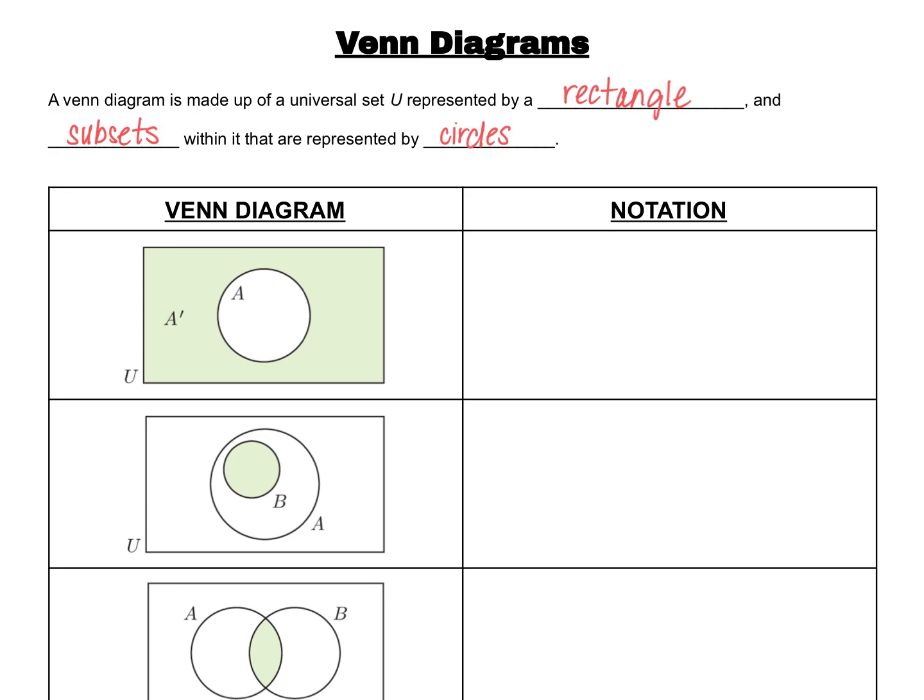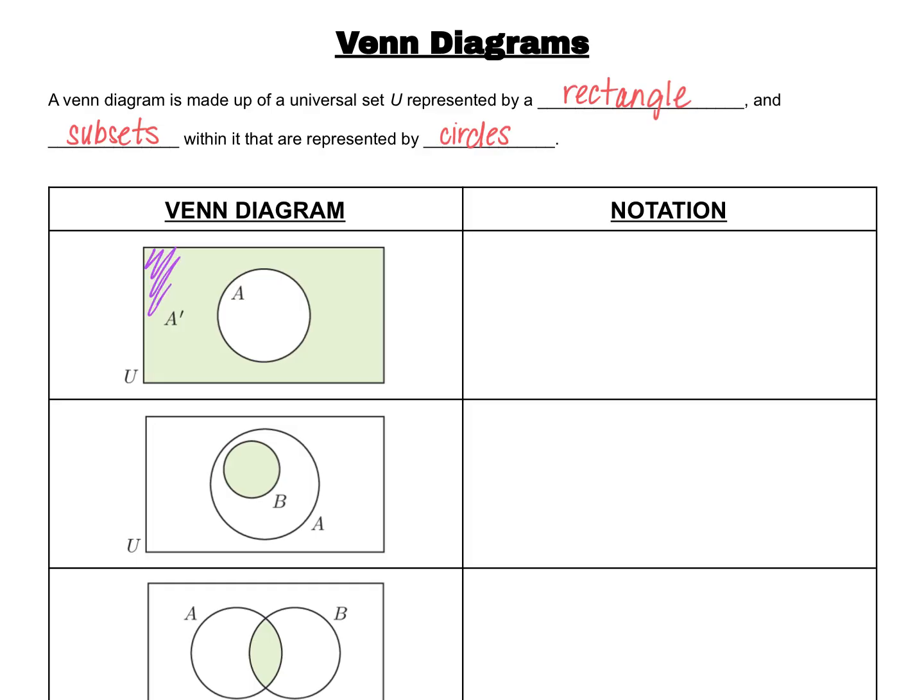So, if we look at the first Venn diagram, we can see that the part that is shaded is going to be the part on the outside of the subset A. So we have our universal set U, which is in the rectangle, and everything inside of that rectangle belongs to the universal set. But we see that we have the set A, which is the circle in the middle, and everything that is around it is shaded in green here.